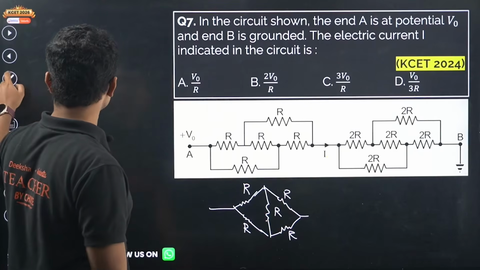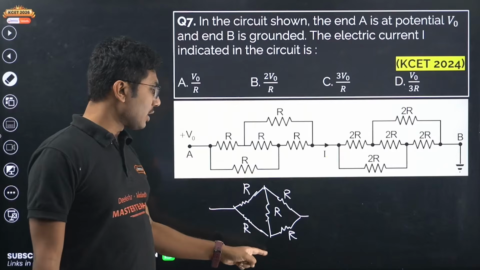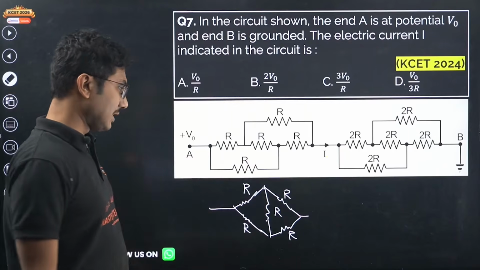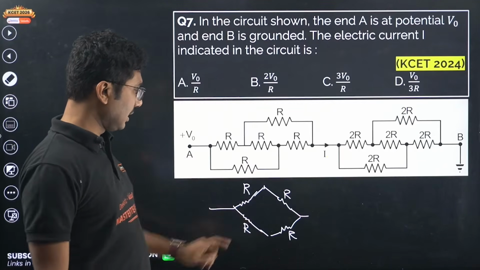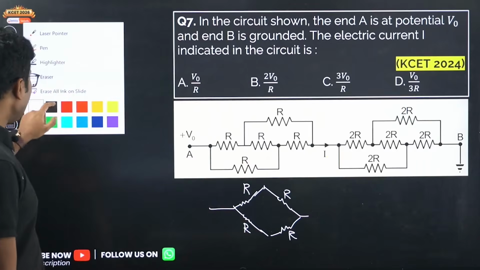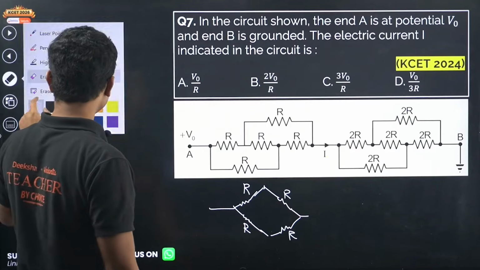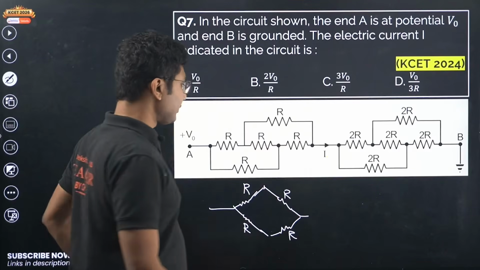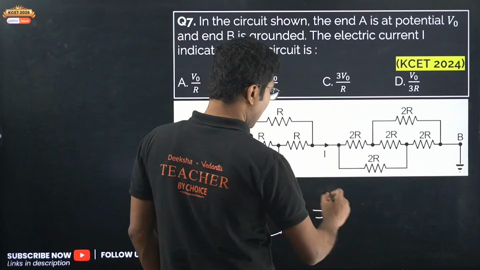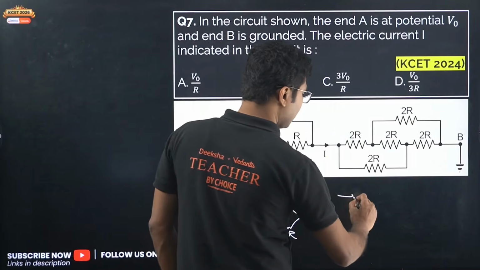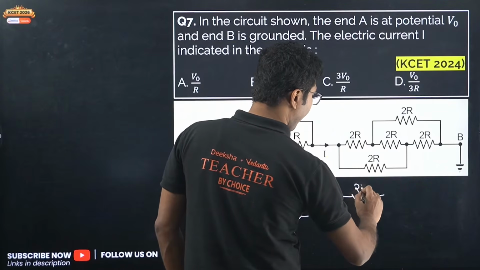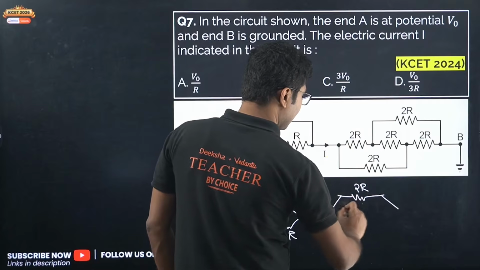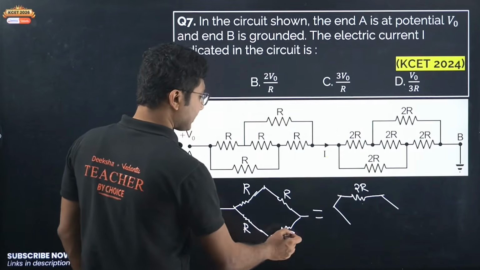So balanced Wheatstone bridge means what? There is no current passing through this central resistance, so you can simply erase it. If you erase it, what is the equivalent resistance of this combination? It will be R plus R is 2R, and in parallel we have another R plus R, that is 2R.